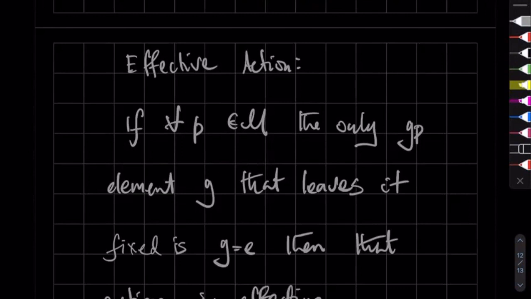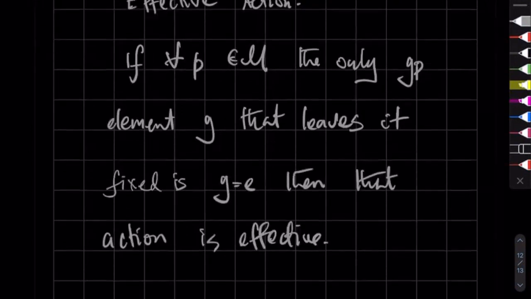So a group action is effective if for all P in M, the only group element that satisfies G acting on P is equal to P is E.